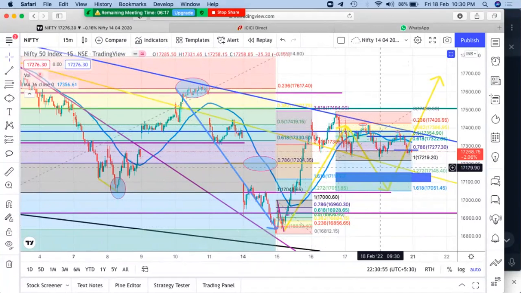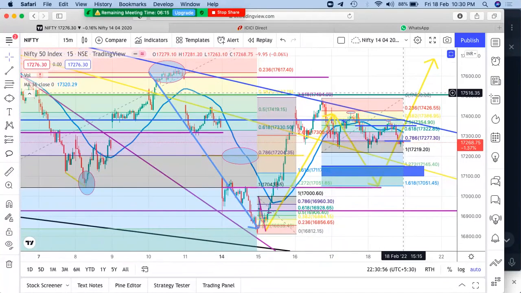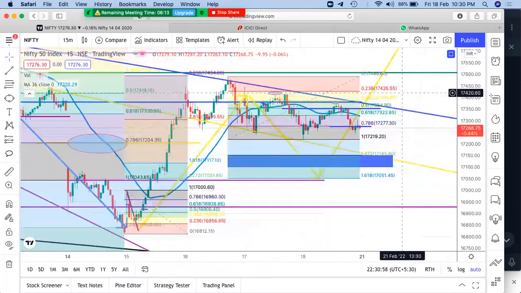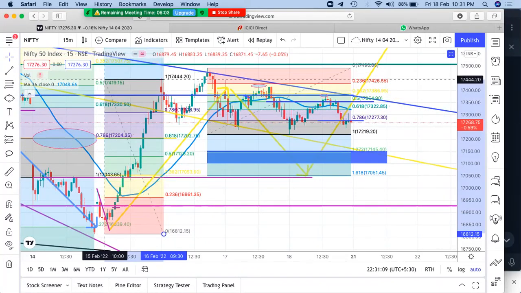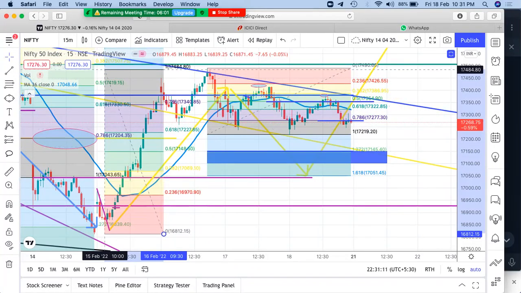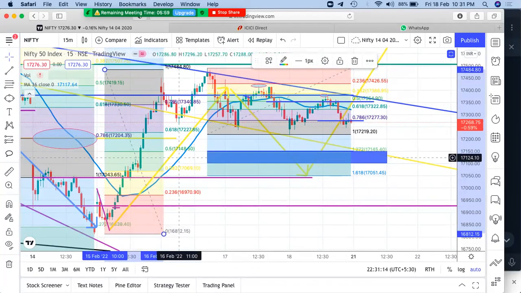So it should be giving us a reversal, and it should at least come till a 50% reversal. Because if you see this complete leg, the 50% level is coming down to this part.